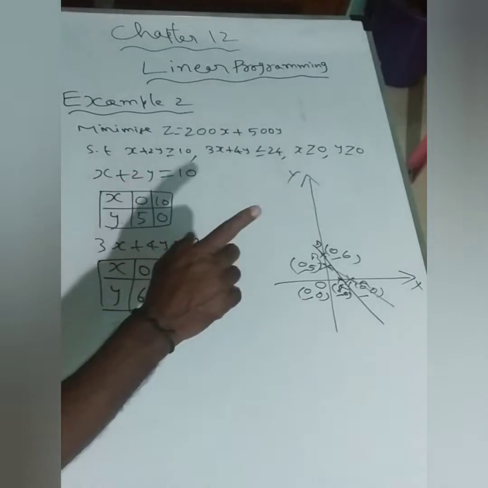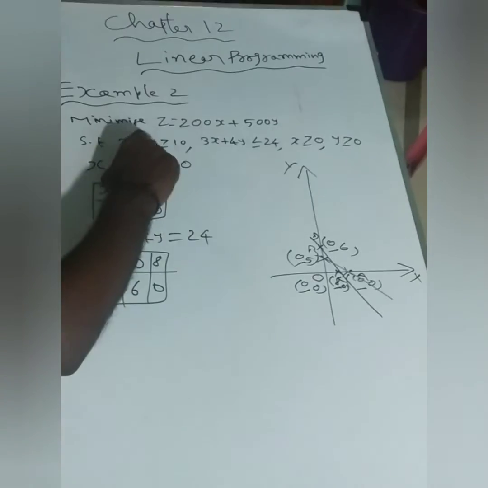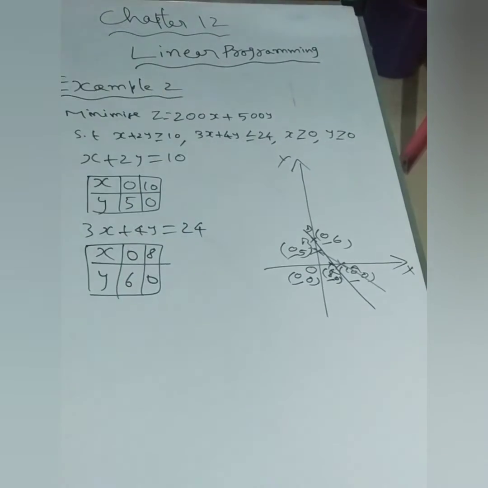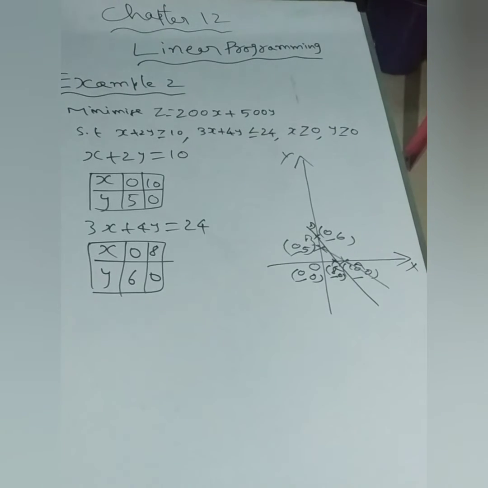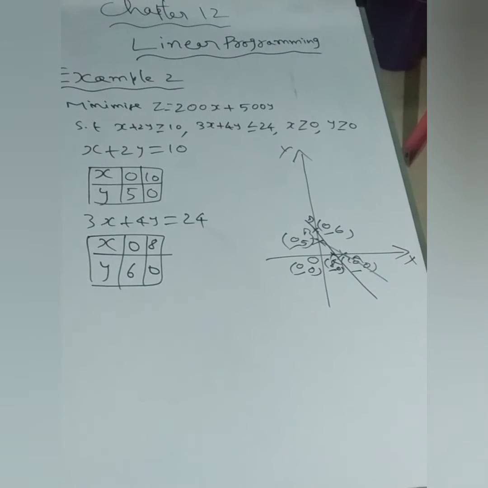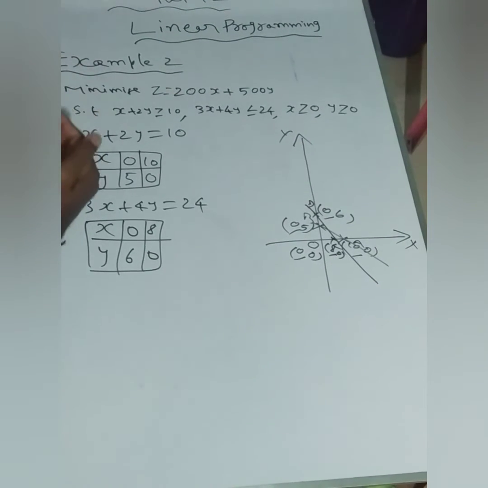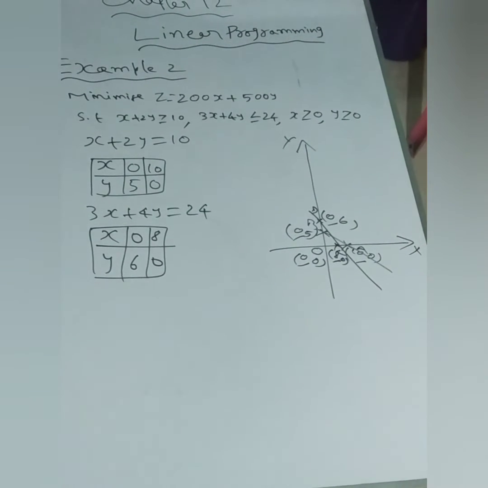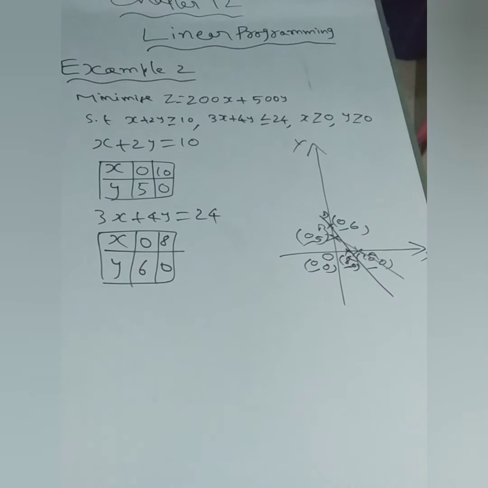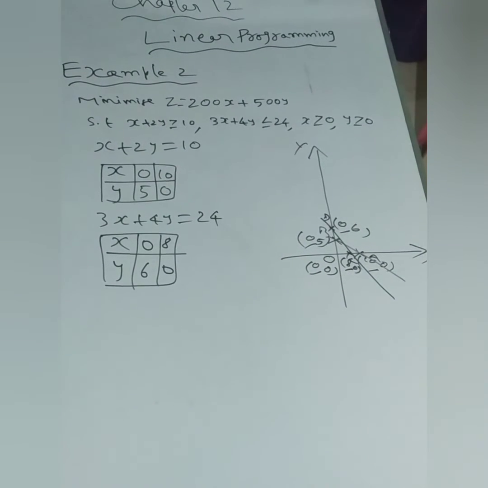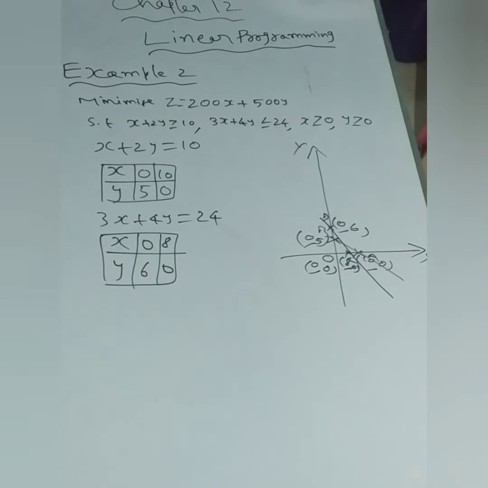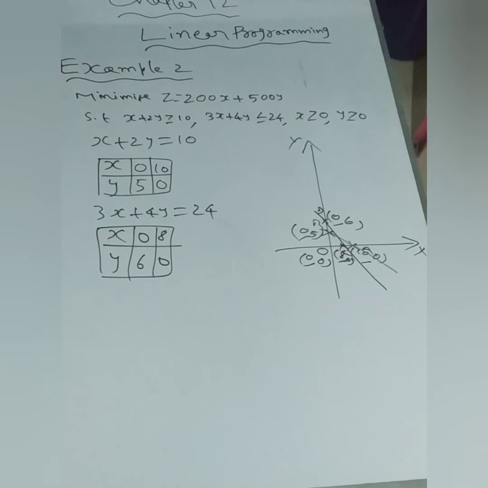Now, in this question, you see the first condition, greater than or equal to 10. As I said in the last video, for the first example, greater than or equal to means it has to go above. Simply, less than or equal to means we have to shade towards the origin.